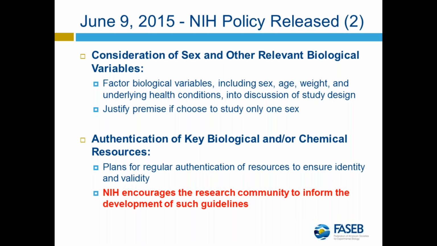And this is something that came up both on the legislative side, but also on the policy side. If you are only going to use one sex for your animal or human subjects, you need to justify that premise. A lot of times you use what's available to you, or it may seem obvious, but they wanted a clearer description of why you're only choosing to use female subjects or male subjects for a specific reason. So that was the crux of the third point.